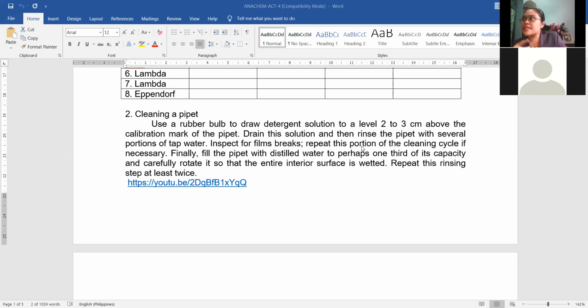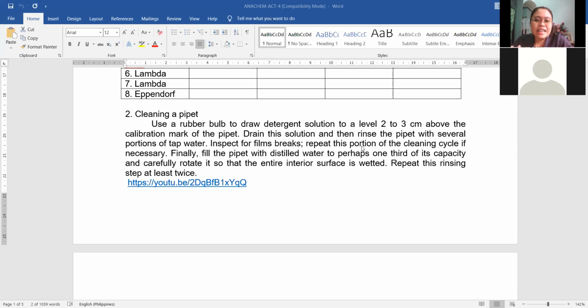Supposedly kasi kung titingnan natin sa mga books, you have to wash it with tap water first, and then you have to repeat the procedure with the washing sa tap water before you go on with the distilled water. Sa video lang is nagdiretso na siya doon sa distilled water. But it's how you do it. Ang titingnan niyo lang doon sa video kung paano niya ginawa. You have to draw water from the container, and then you make sure iikot mo yung pipette mo, and then you make sure na lahat ng surface or interior surface ng pipette ay ma-wet with the water.